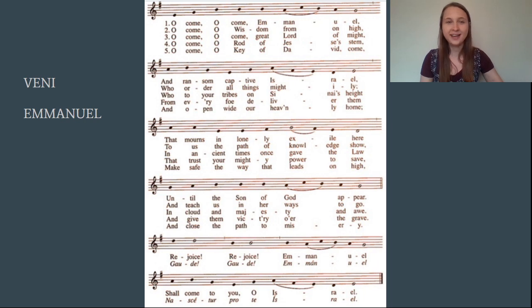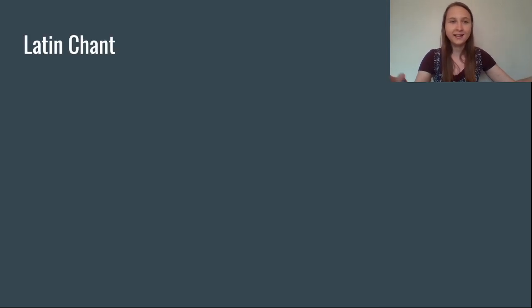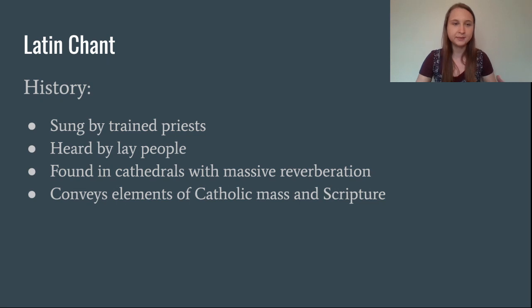All the Catholics out there, you know what this is. Latin chant, of course. So let's talk a little bit about Latin chant. Now, Latin chant, of course, existed at least by the 4th century, probably before, but we have some fragments of music from the 4th century. And there were all kinds of types of chant in all the regions of Europe.